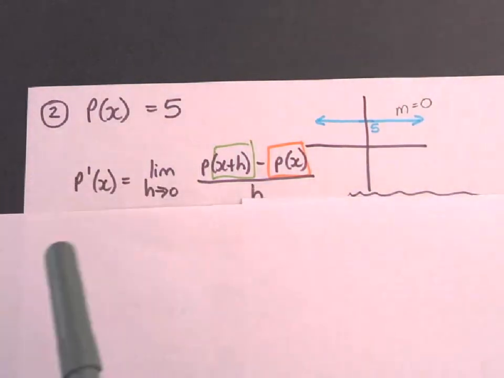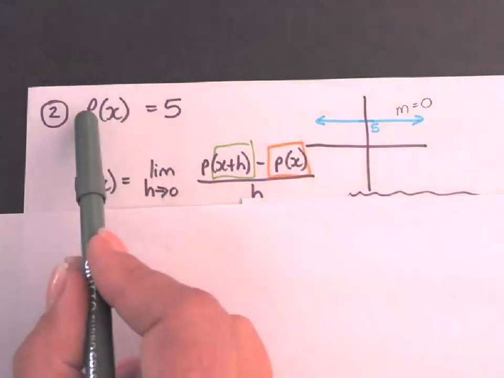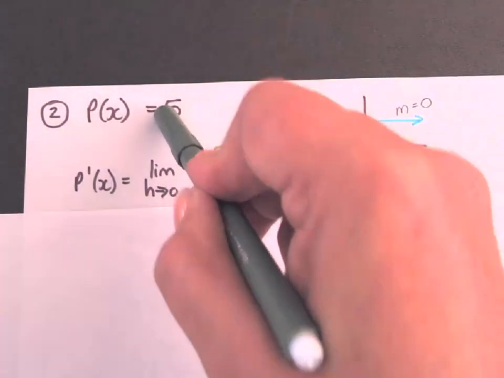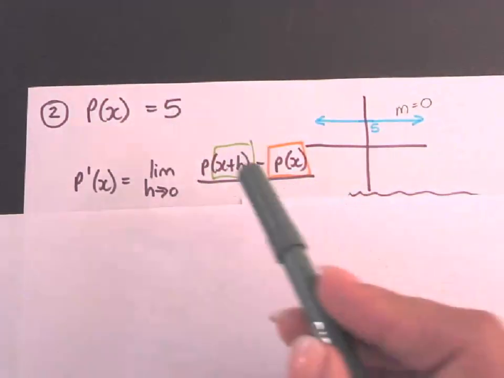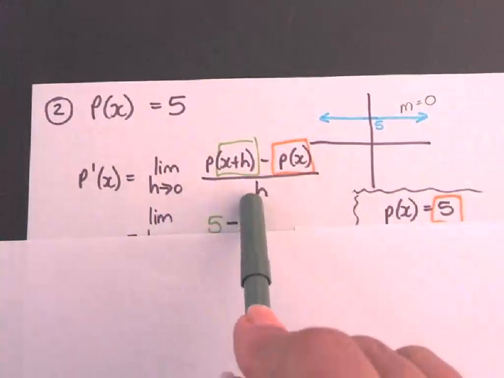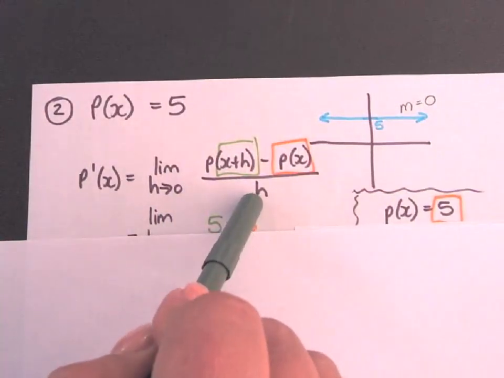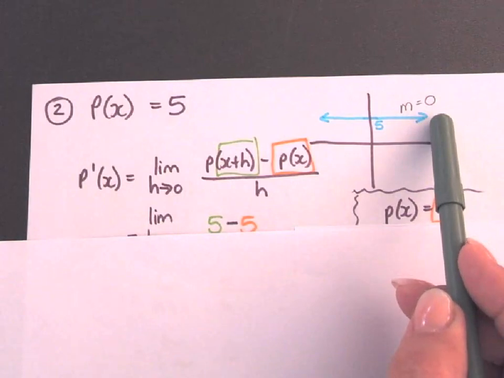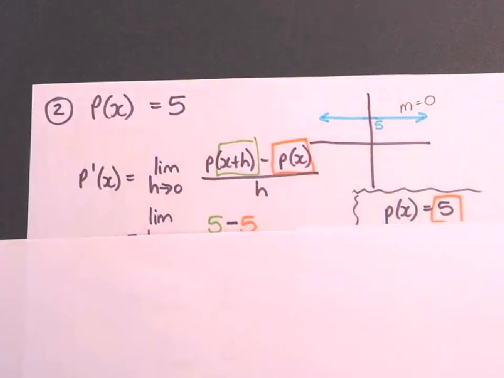Now they ask us, get the gradient of this function, but use first principles. So, for first principles, we need the formula, and we know ahead of time what the answer will be. It must be 0. So let's see if we get 0.